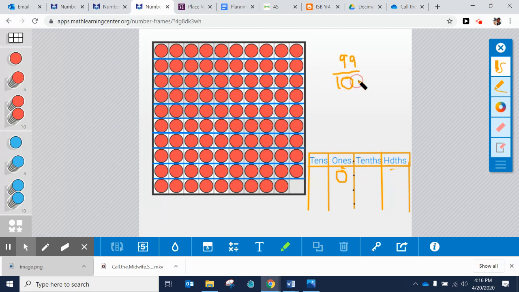So 99 hundredths as a decimal would be 0.99. You can see we've got 1, 2, 3, 4, 5, 6, 7, 8, 9 whole tenths. And then we've got 9 hundredths.